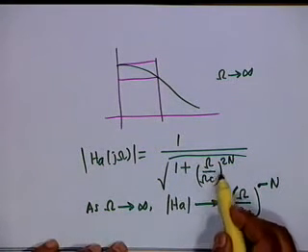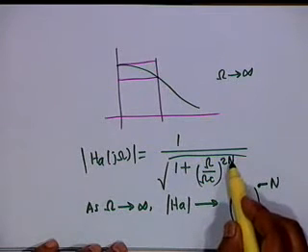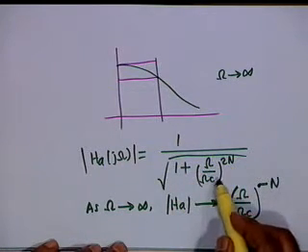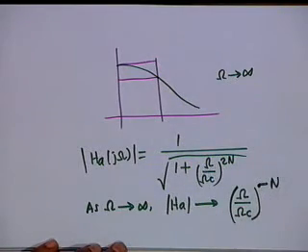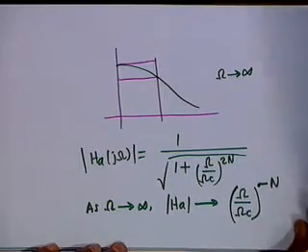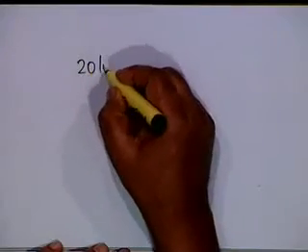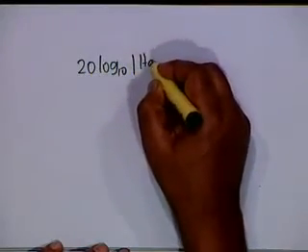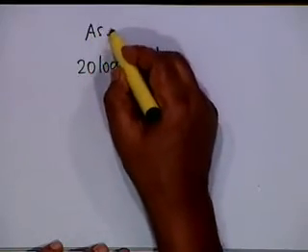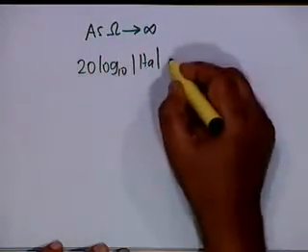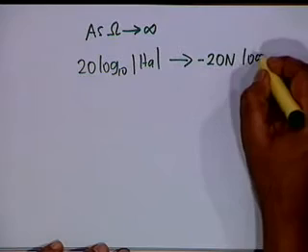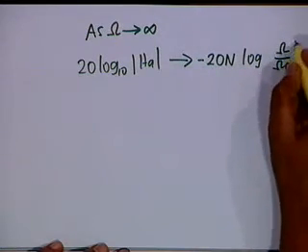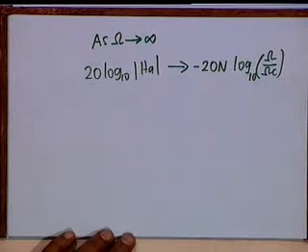When omega goes to infinity, it goes to omega by omega c to the power 2n, square root of that, omega by omega c to the power n. If we take it to the numerator, it becomes omega by omega c to the power minus n, and therefore if we take the log of this, that is, we want to express this in decibels, then you get 20 log 10 of HA. As the frequency goes to infinity, this goes to minus 20n log of omega by omega c to the base 10.